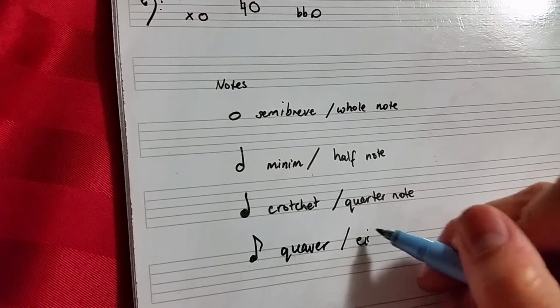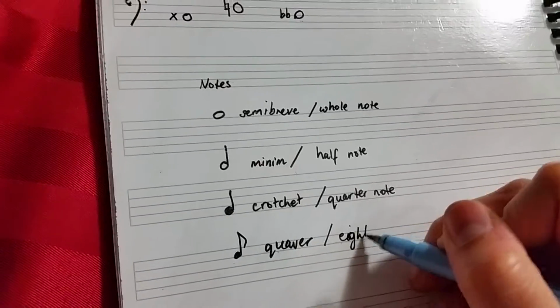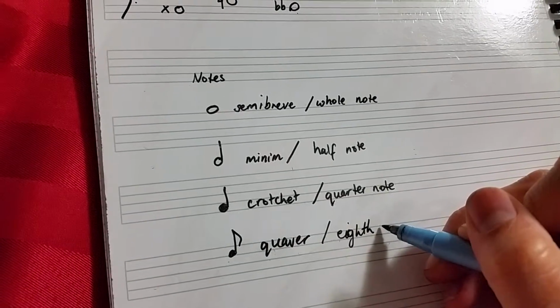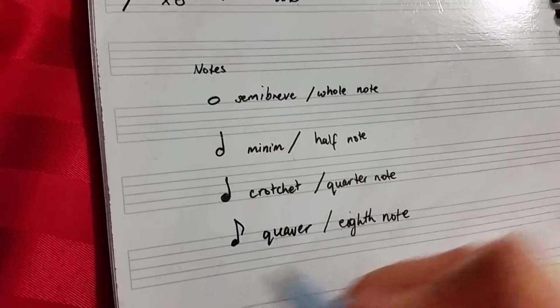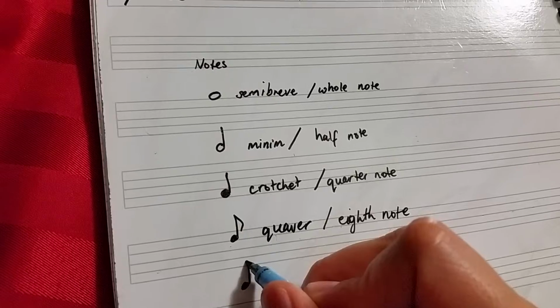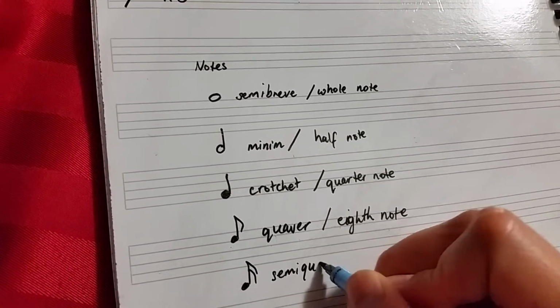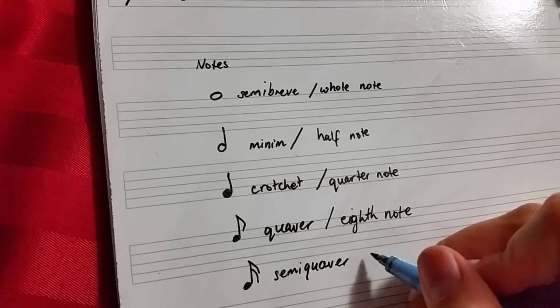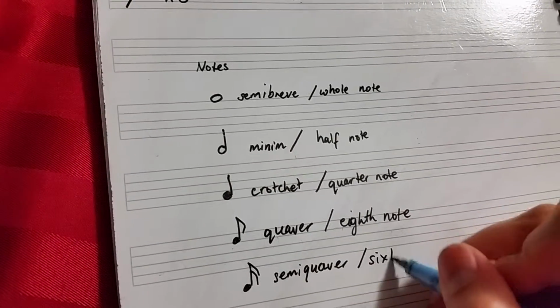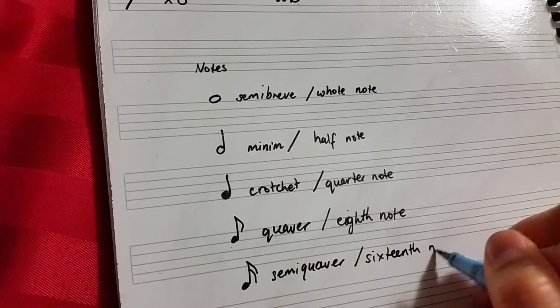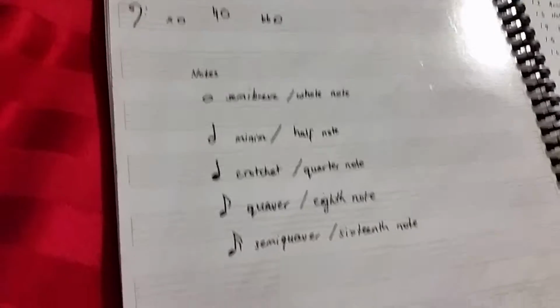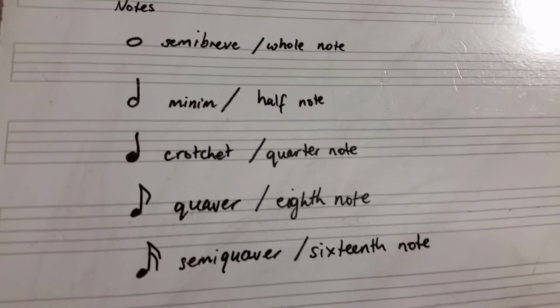And the Americans call it the eighth note. Then you have the semi-quaver, which has two tails. Semi-quaver. And the Americans call this the 16th note. Okay, so they're the note values.